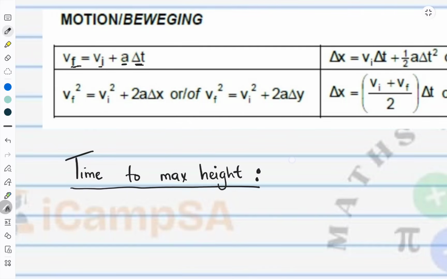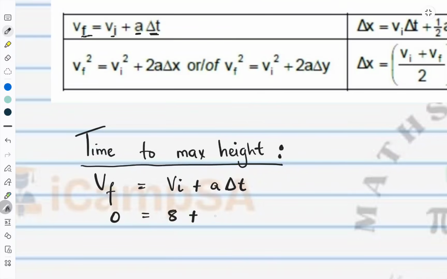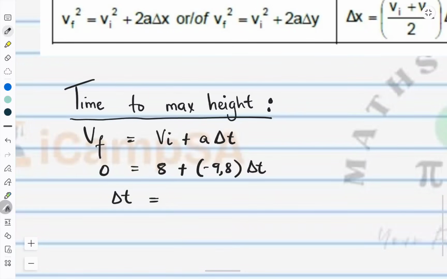Okay, all right, so that means Vf will be Vi plus A delta T. All right, so Vf is 0, Vi is 8, plus minus 9.8 times delta T. Delta T to maximum height is 8 divided by 9.8.